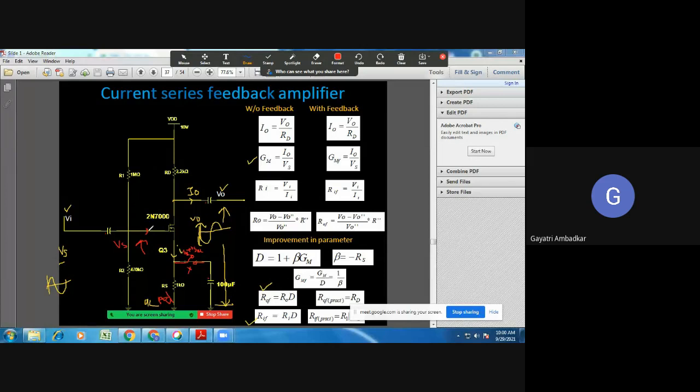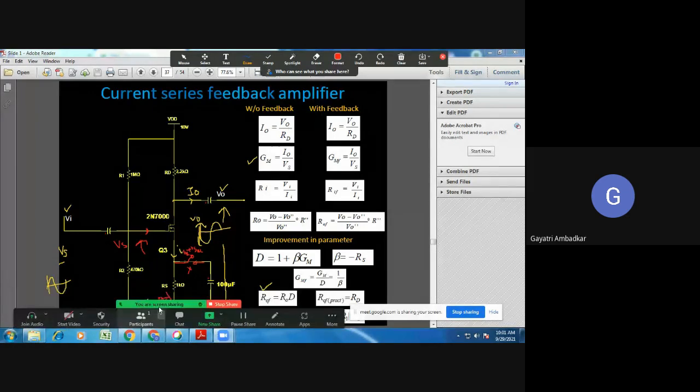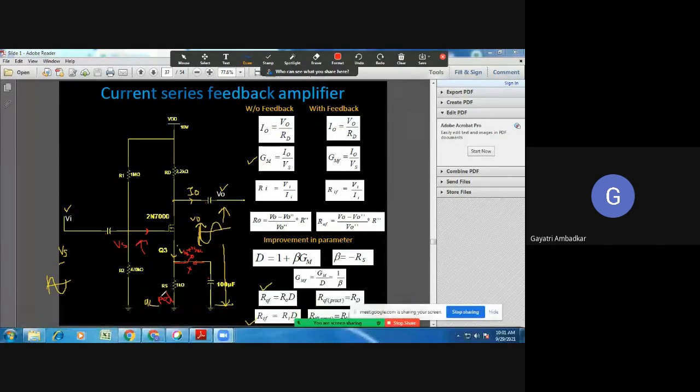So the voltage appearing at the gate terminal is the sum of Vs plus this voltage. I will call it a signal voltage as well as the source voltage.